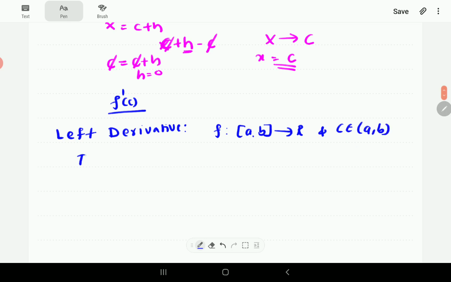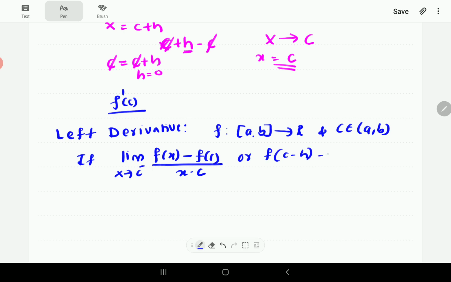If the limit of (f(x) - f(c)) / (x - c) as x tends to c minus, from the left hand side, or in other words, change your x to c minus h, so this is f(c - h) minus f(c) divided by, here as you write c minus h, this will become negative h.